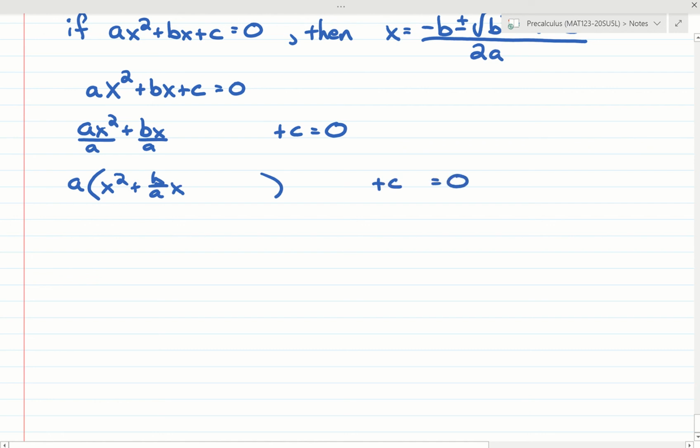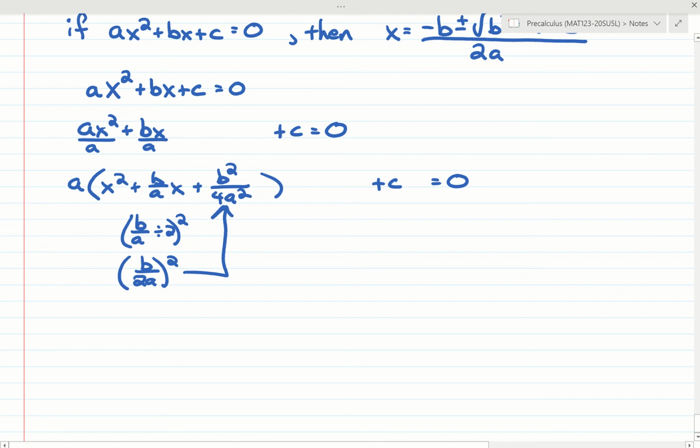And then what I'm going to do for my third step is take half of this middle term and then square it. So half, instead of dividing by 2, we can multiply by 1/2. That would be b over 2a. And then b over 2a squared would be b squared over 2a times 2a is 4a squared.